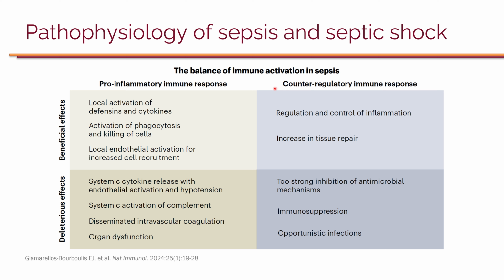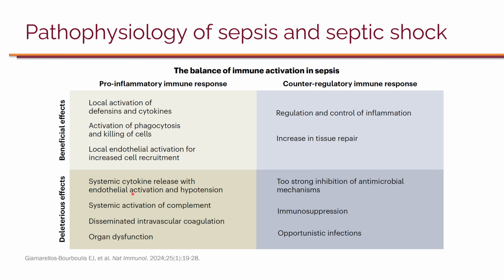So there are two things going on, when we look at the big picture, and there's pros and cons of each. So for example, the pro-inflammatory response, the benefits of it is that there is local activation of defensin and cytokines to fight infection. There's activation of phagocytosis and killing of cells, local endothelial activation for increased cell recruitment. On the downside, there is systemic cytokine release with endothelial activation and hypotension.